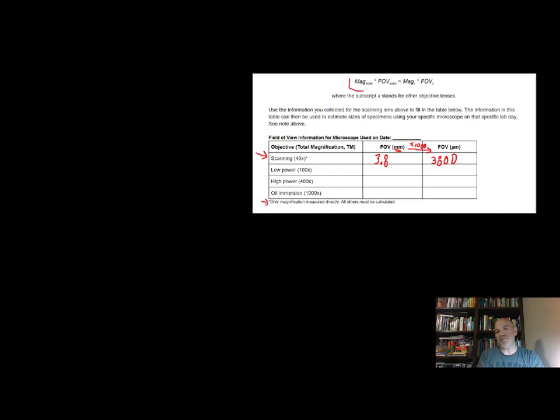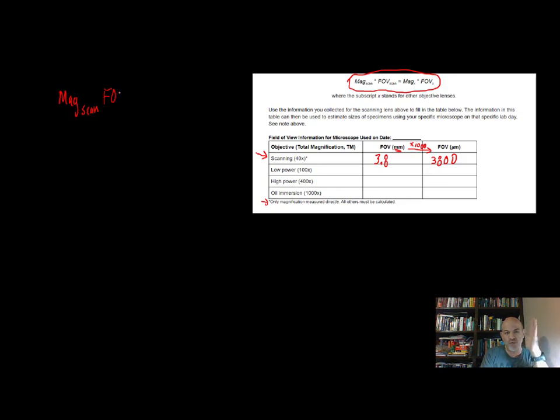And they're going to be calculated based on an equation that shows the inverse relationship. So the equation is written there on that document. I'm going to go ahead and write it here for you. And on the left side is for the scanning information. The scanning one is, remember, the only one you measure directly. Now, we know the magnification for it because it's already built into the microscope.